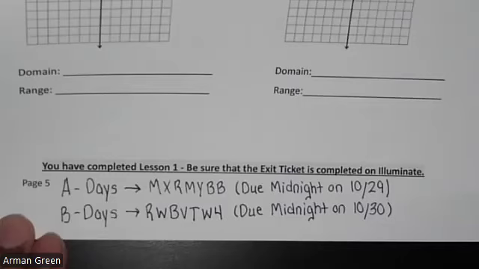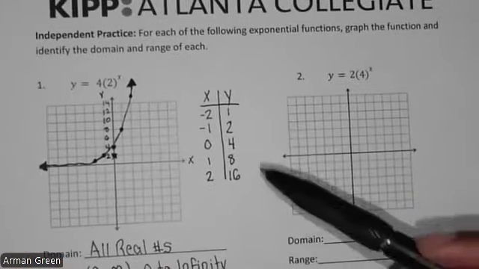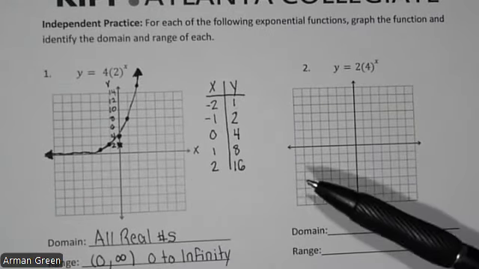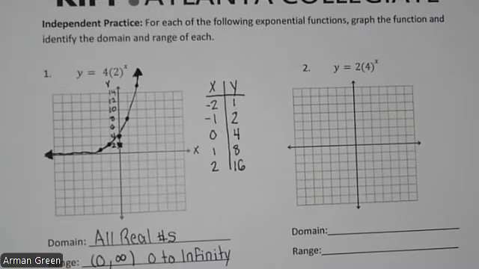But you need to make sure that this is completed before the next class period that we meet. So you need to make sure that this exit ticket is done, and you need to make sure that the independent practice problems on page 5 are completed by the time you come back to class.